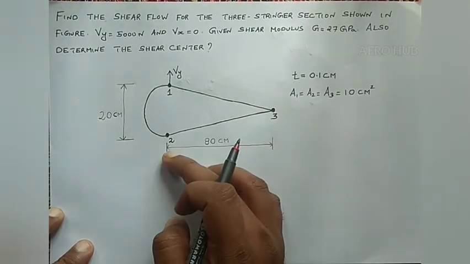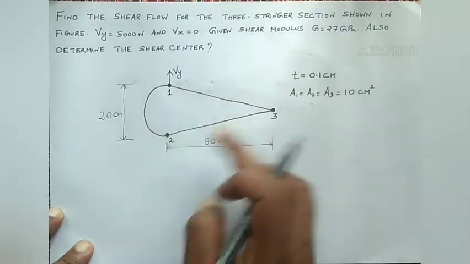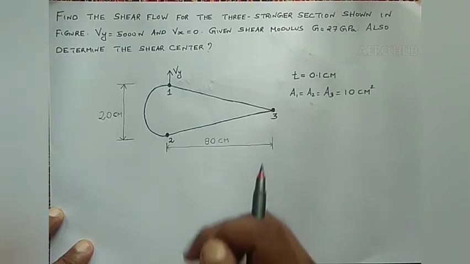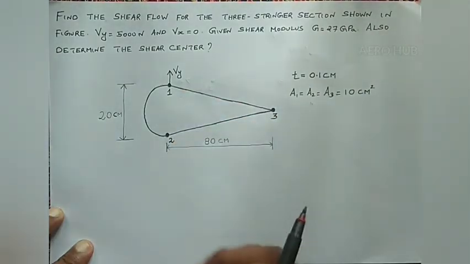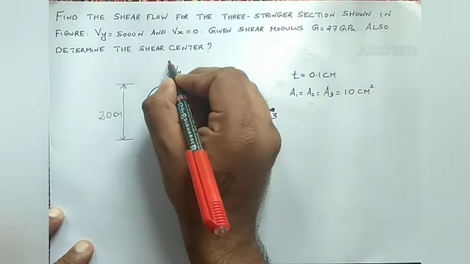Since the section is having boom areas, we have three boom areas at point 1, 2 and 3. We have to make sure that the reference axis should be selected in such a way that the boom areas should be inside the axis. So I'll be selecting a reference axis in this manner.